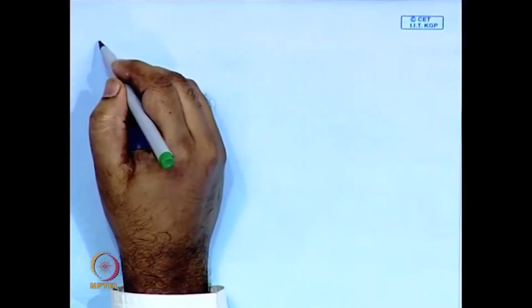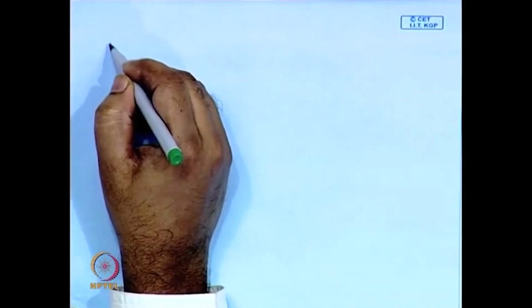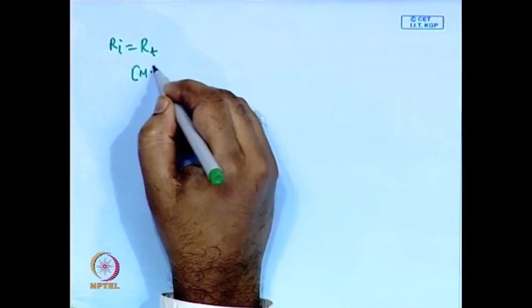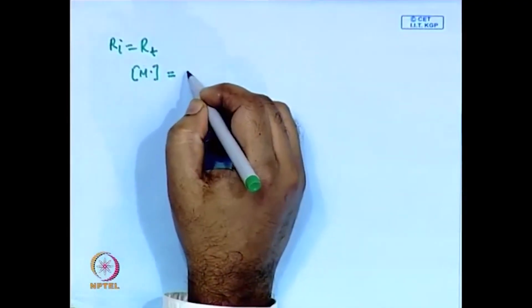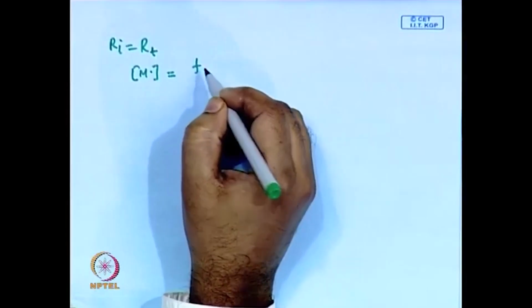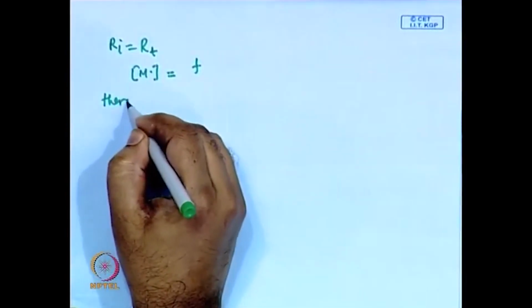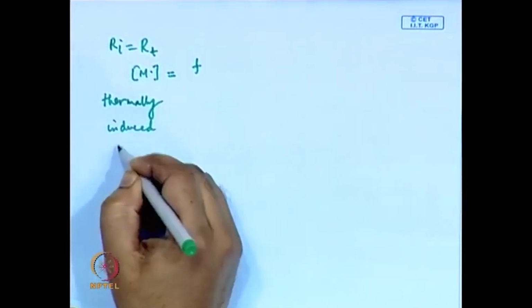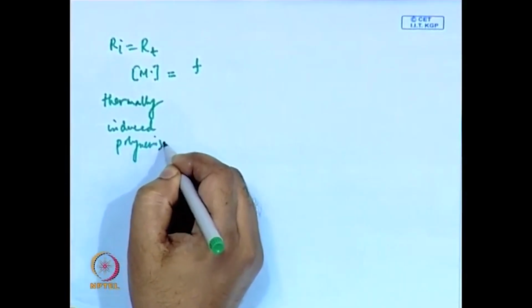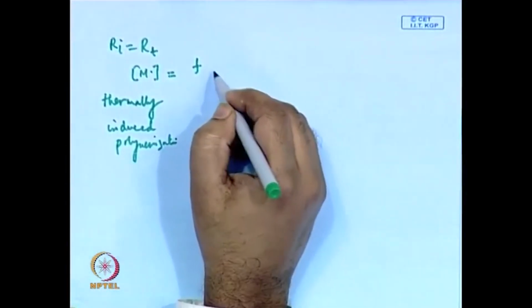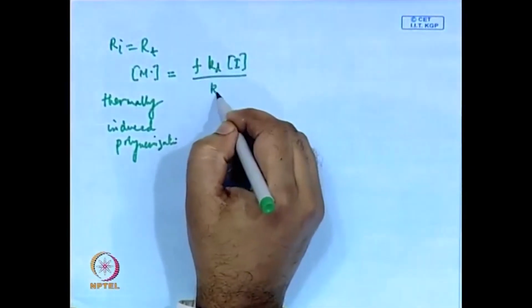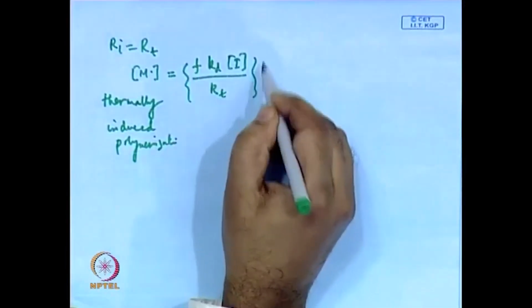Now, from that steady state condition where Ri is Rt, in the last lecture we found that the value of M dot in the case of a thermally induced polymerization is given by f kd I by kt to the power half.